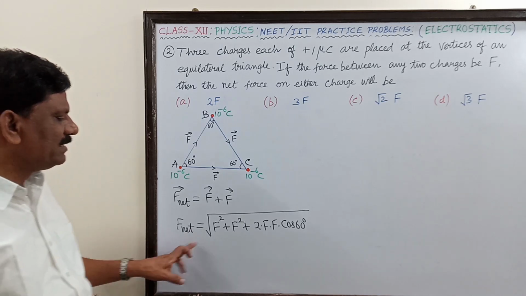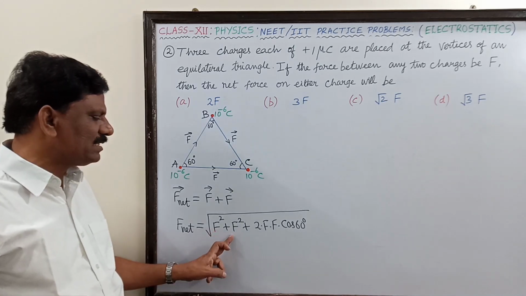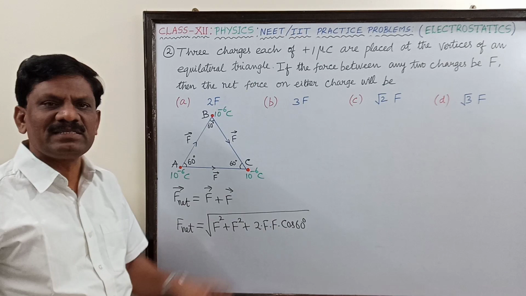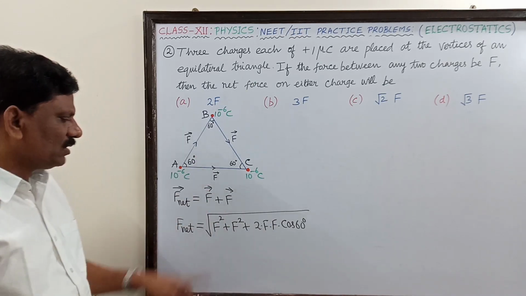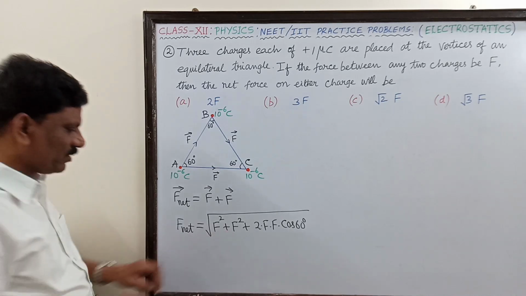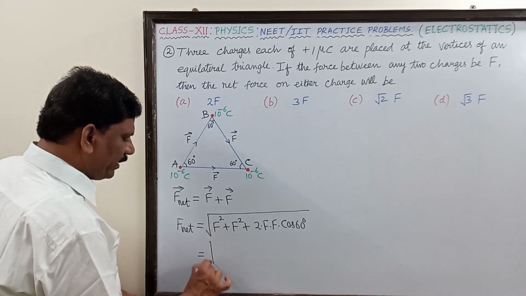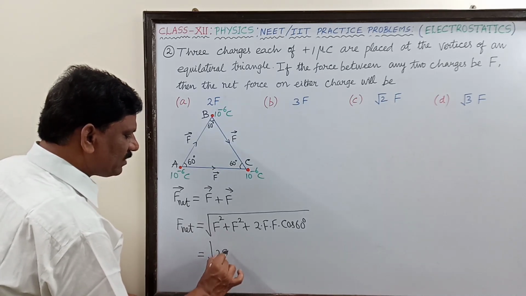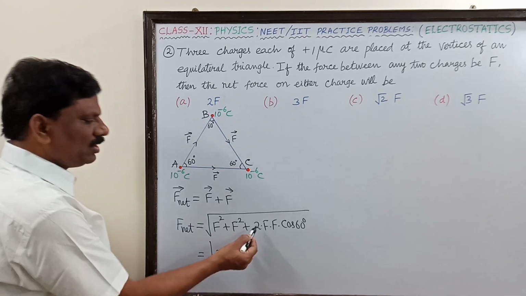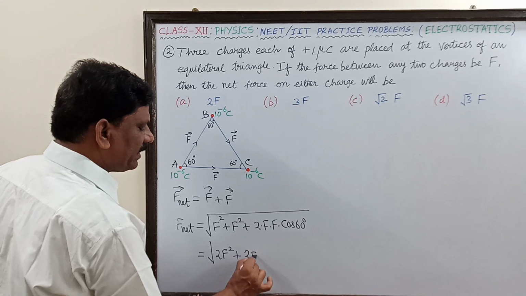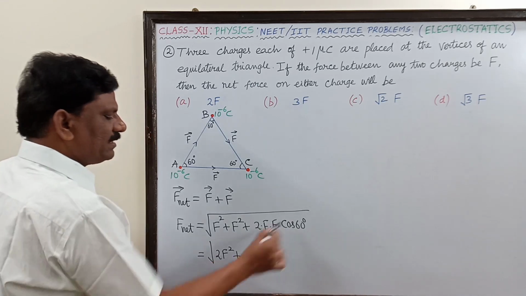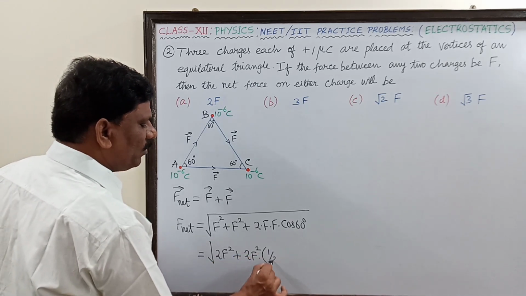The resultant R is equal to square root of A square plus B square plus 2AB cos theta. So here theta is equal to 60 degrees. So F square plus F square is 2F square. So this is equal to square root of 2F square plus 2 into F into F, which is another 2F square, into cos 60. Cos 60 is 1 by 2.